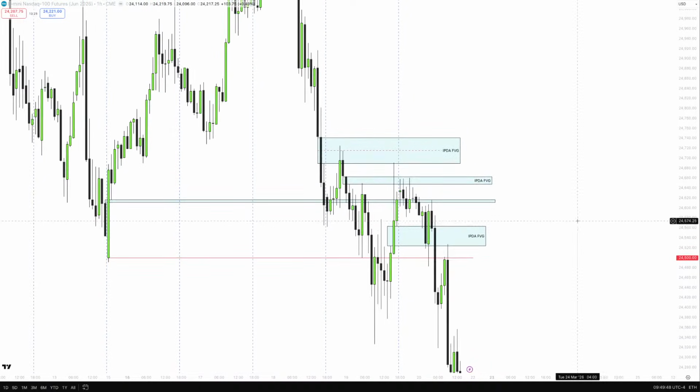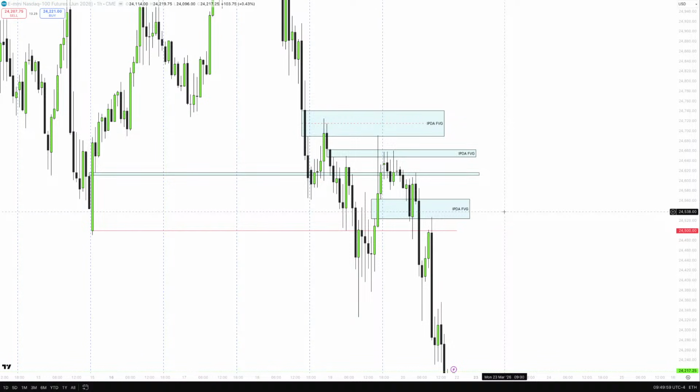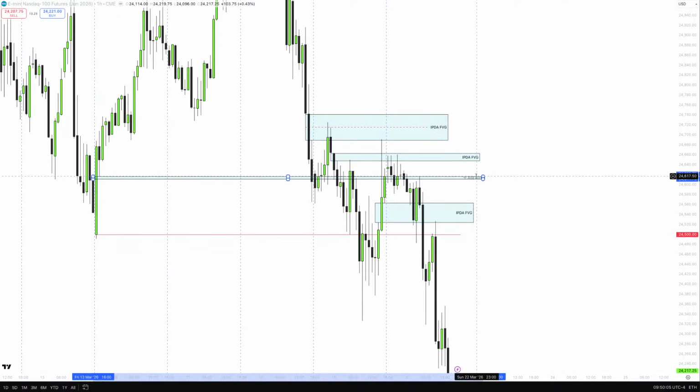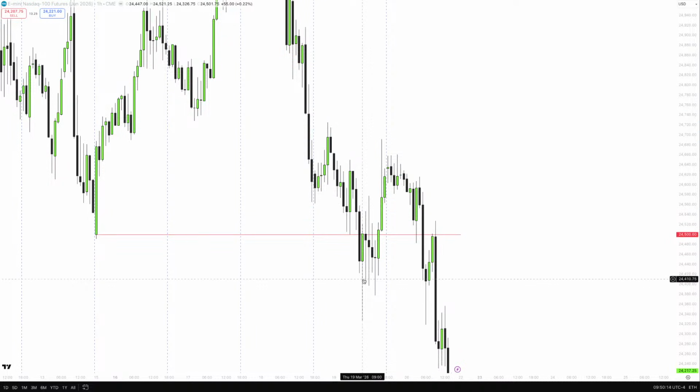And this you can do not only with FVGs, but also with other key levels. You can do that with rejection blocks, with order blocks, with every PD array in the market. So let's delete this. I'm going to show you other examples as well.